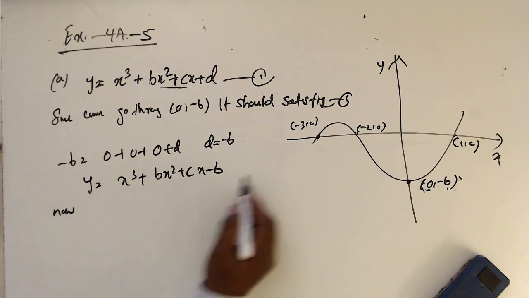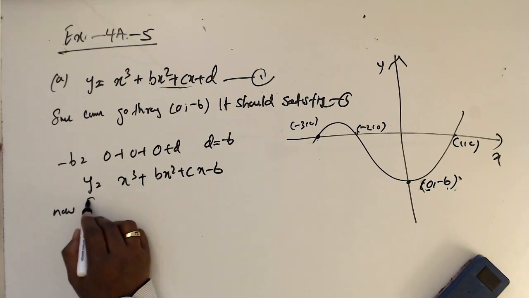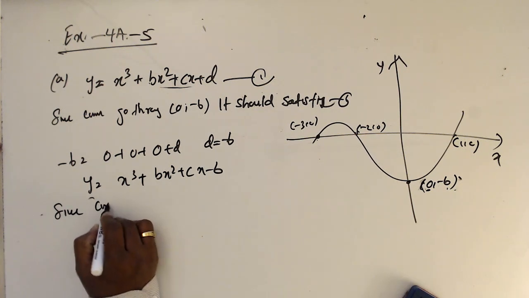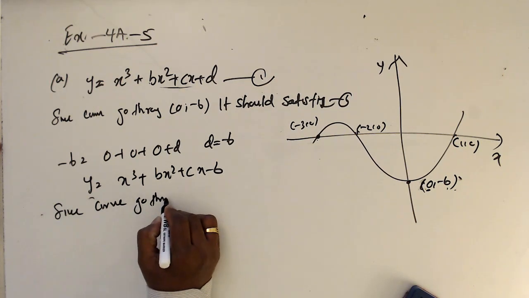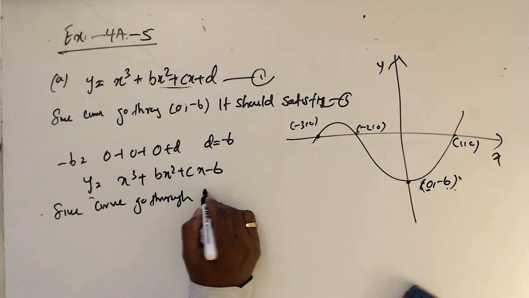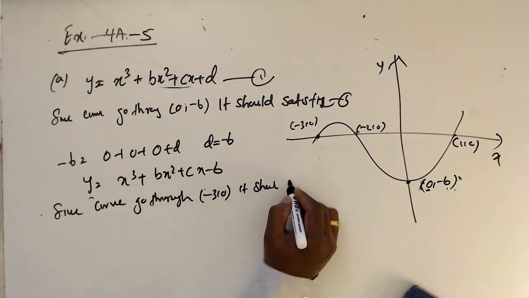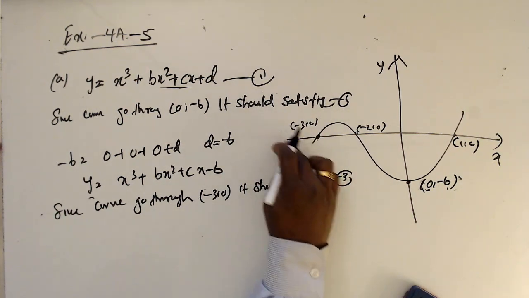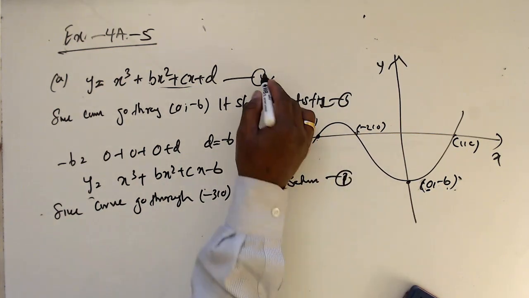Now, since the curve goes through minus 3, 0, it should satisfy the equation.